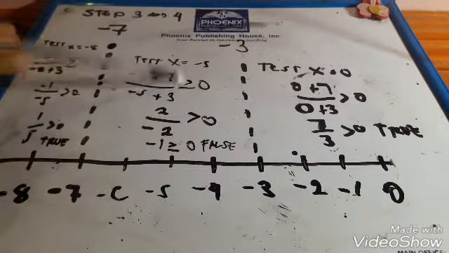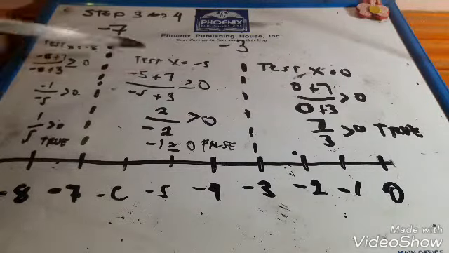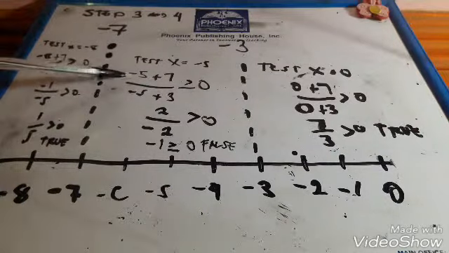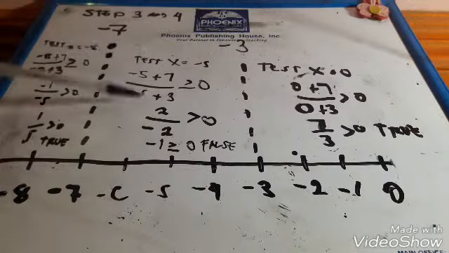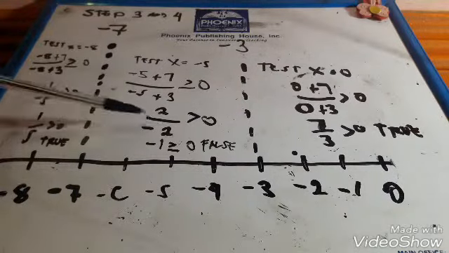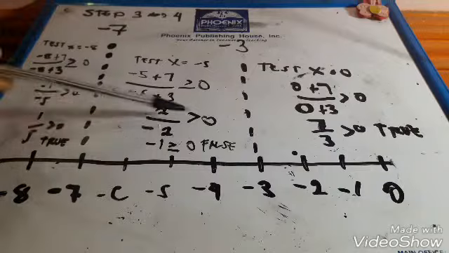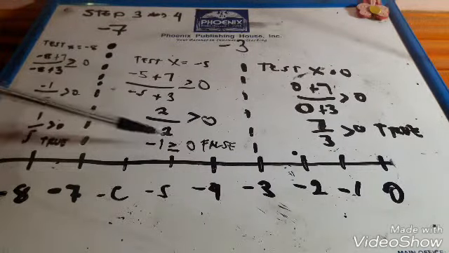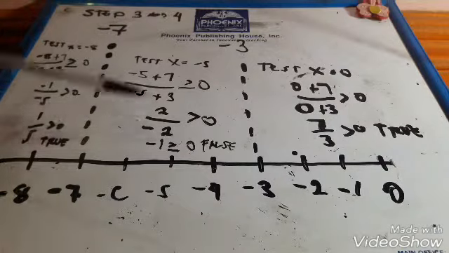Let's test the negative 5. So let's change the equation. The x changes to negative 5, and it will result in 2 over negative 2 greater than 0, which rounds off to negative 1. So false.